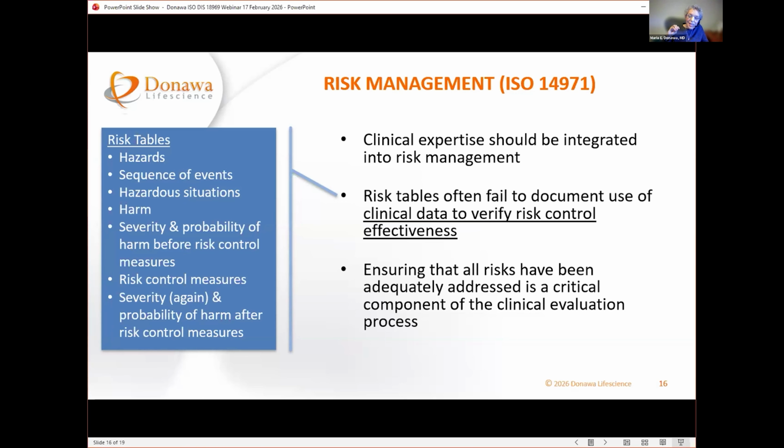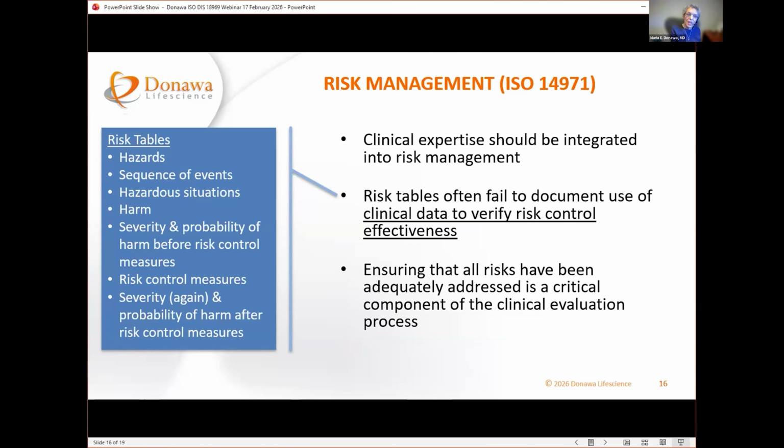A key element of the risk management process are these matrices, these tables, the risk analysis, whatever you call them. You can't have a document that's more important than risk as far as I'm concerned. They're listing the hazards on the left-hand side, and the sequence of events that can lead to hazardous situations. If you do not have a hazardous situation, you don't have any harm.